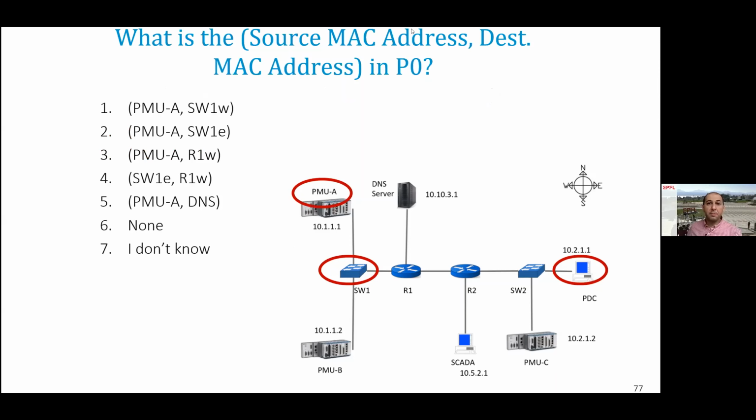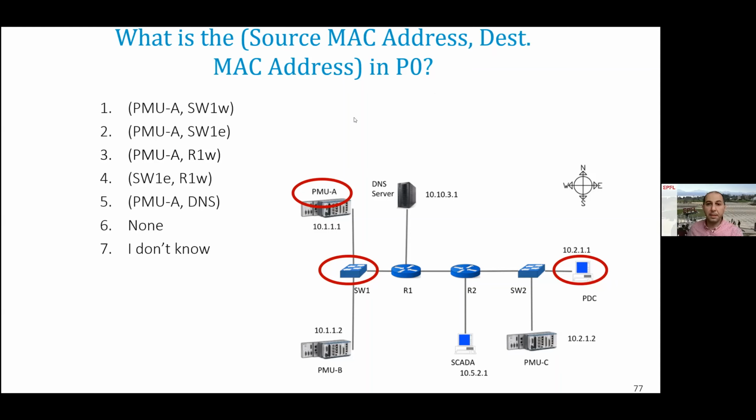What is the source MAC address and destination MAC address in P0? The same message going from PMU to DNS, and we are looking at this message at switch 1. What do you mean by P0?